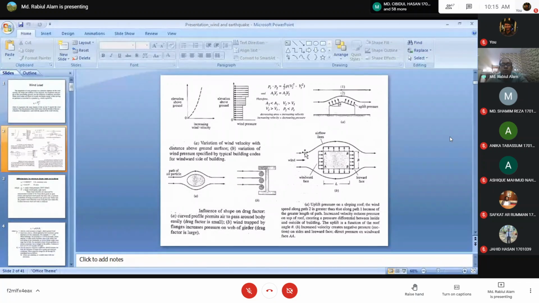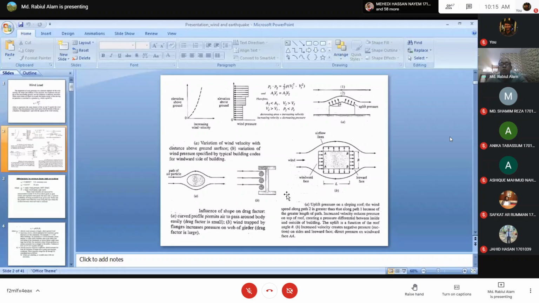So this slide clears all the things, like how wind velocity varies from the ground surface upward, and the subsequent wind pressure we consider for design purposes, and the variation of wind pressure on the windward side, leeward side, and other sides.